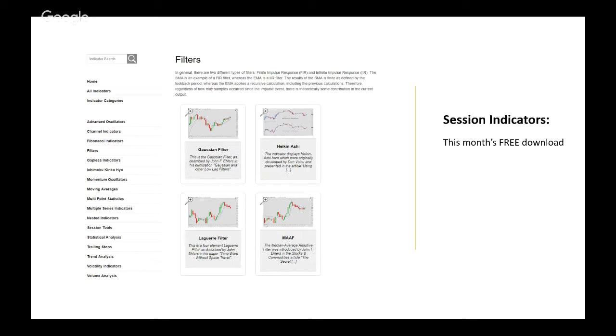And members also have access to a number of additional indicators from this category. We see a few of the Ehlers filters in here. So the Gaussian, Laguerre, and the median average adaptive filter is also in here. In total, the library has about 130 additional indicators to the Heikin Ashi.